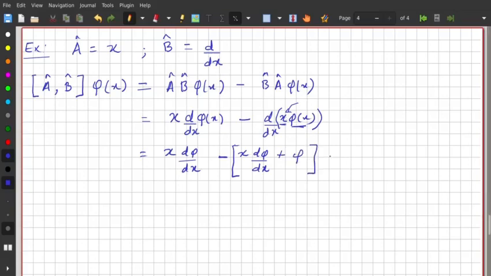Simplifying further, x d phi/dx minus x d phi/dx minus phi, so these two cancel, and we are left with minus phi.